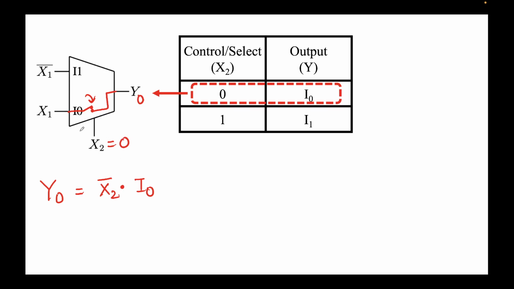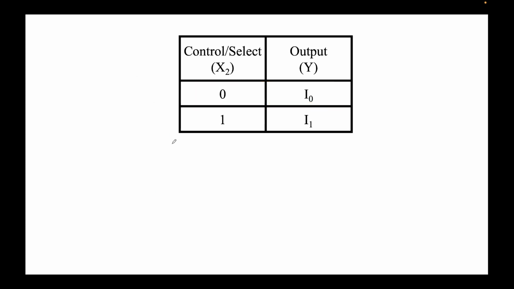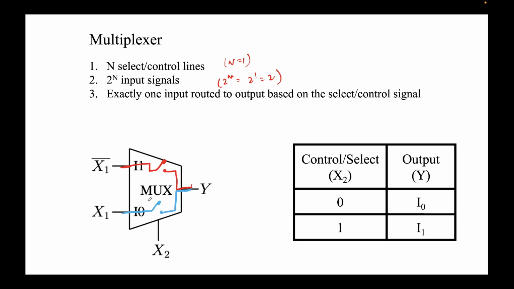y0 is nothing but whatever value is coming at I0, multiplied by x2 bar. Why x2 bar? Because x2 is 0 here, right? Essentially you have to see that these are 2 OR conditions. Either this switch will be closed or this switch will be closed. So all these rows are nothing but OR conditions. Either the first row will be true or the second row will be true.